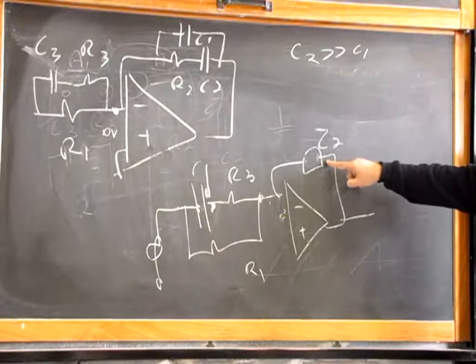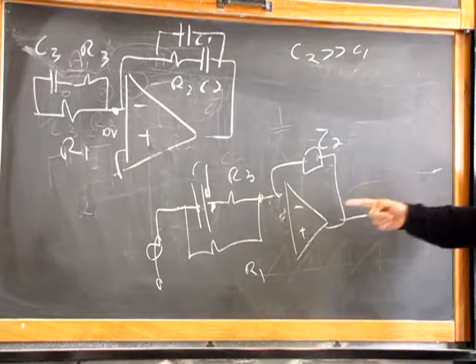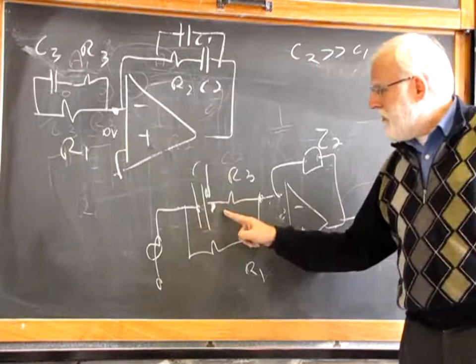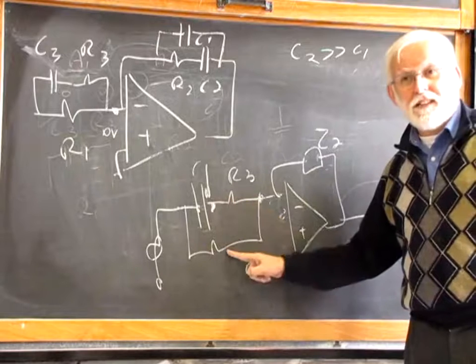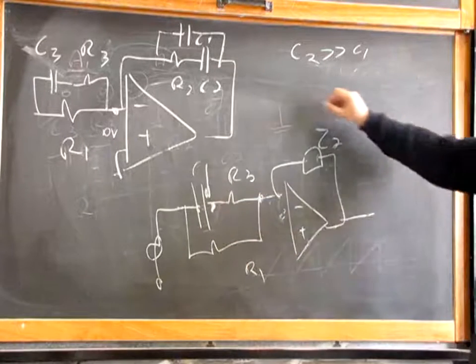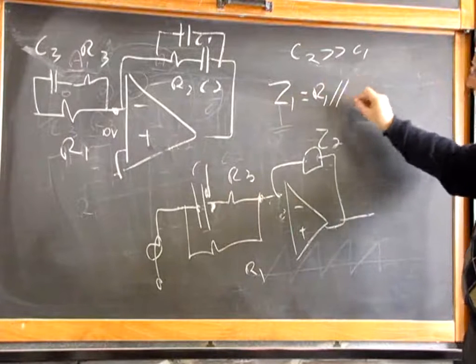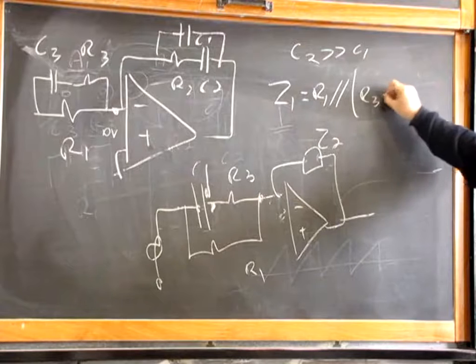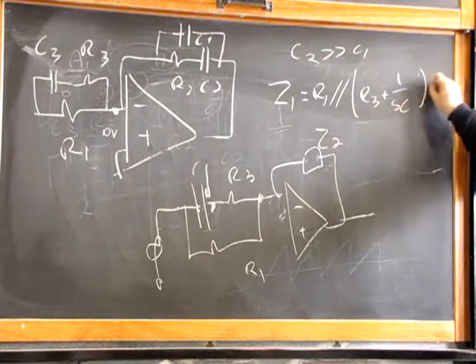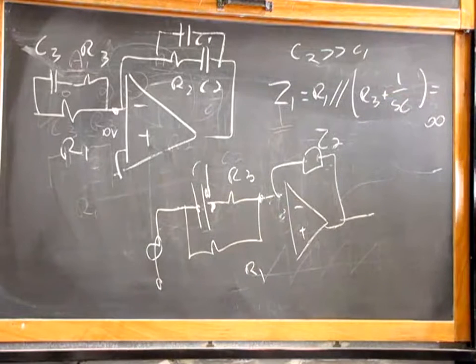Either you have to have Z2 going to 0, to get the output resistance null, or you have to get here an infinite impedance. So the zero of this transfer function can be derived saying that Z1, that is equal to R1 parallel to R3 plus 1 over SC, equals infinity. Any mathematician over here?